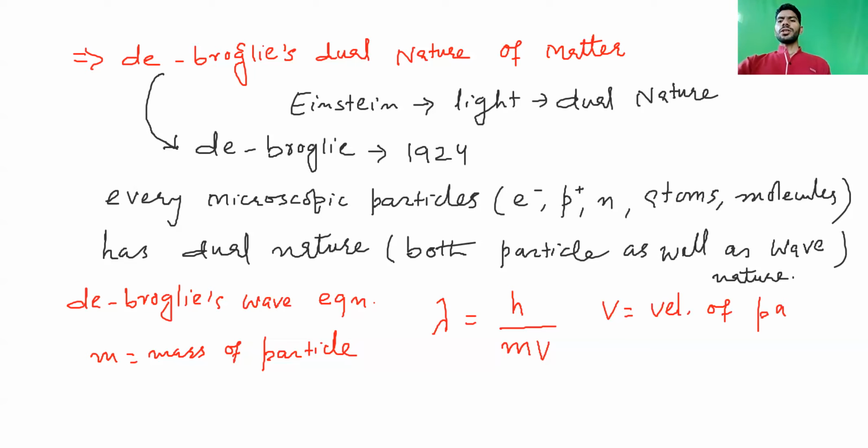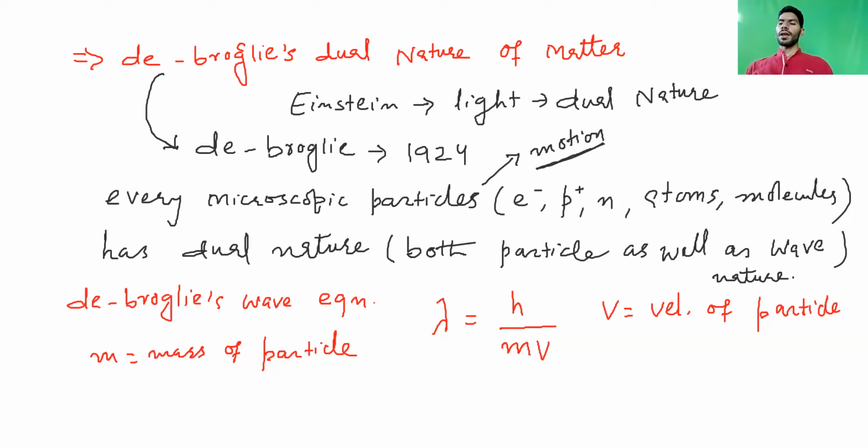Every microscopic particle should be in motion, because when a particle is in motion, then it can have the wave nature. If it is at rest, then the velocity will be zero. When it is in motion, it will have some velocity.